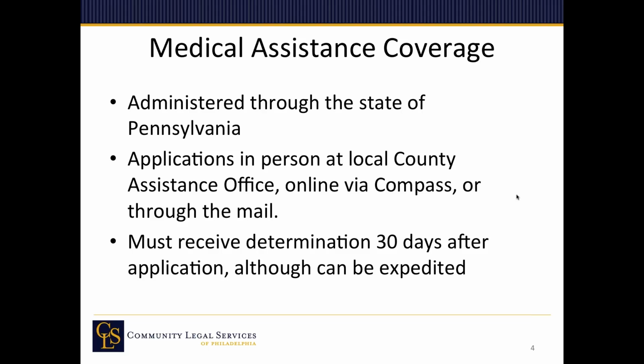You have to be a qualified immigrant who's either exempt from the 5-year bar or who has had qualified status for at least 5 years in the United States. And if you're not qualified, you have to be a lawfully present kid or pregnant woman.